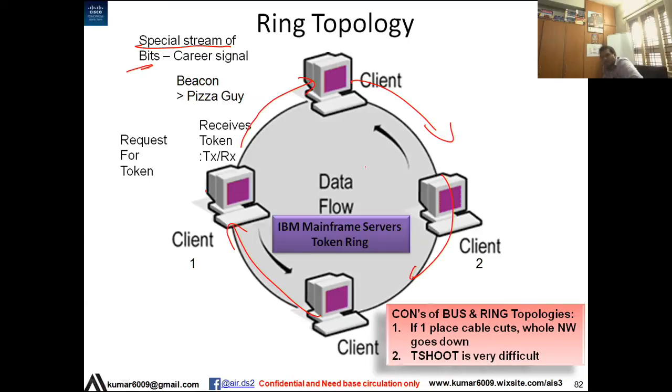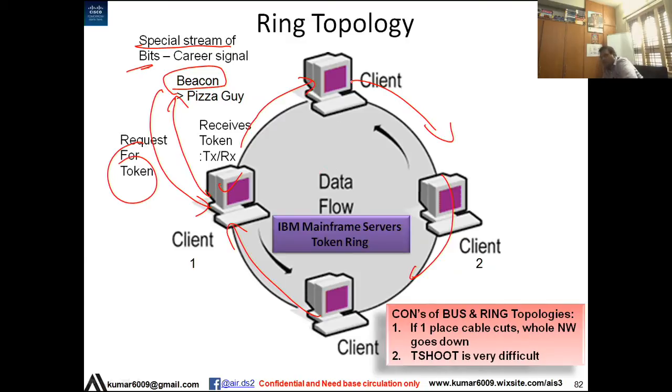Now whoever wants to send data will request that guy. That guy is called the beacon. The PC requests a token and he will give one token. Once PC1 gets the token, he can use the beacon to transport the data.